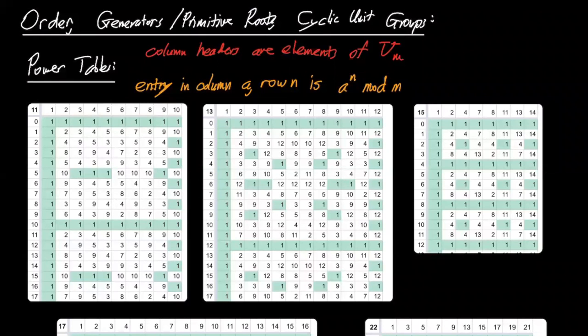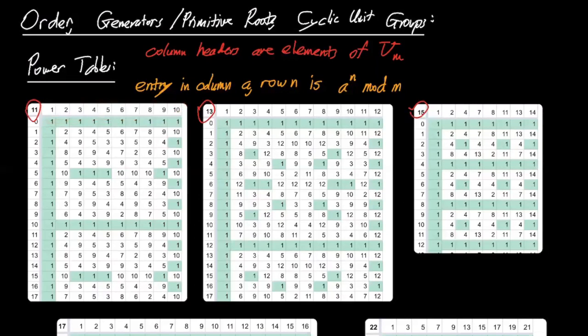All right, I want to look at these power tables a little more and give some terminology, and we start to notice some patterns, right? So again, the number in the top left corner is the mod, and the columns are the elements of the units mod m.